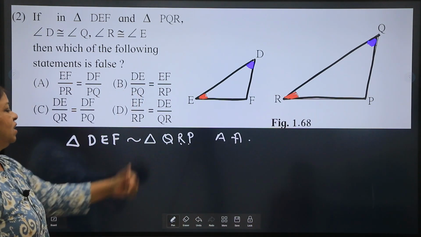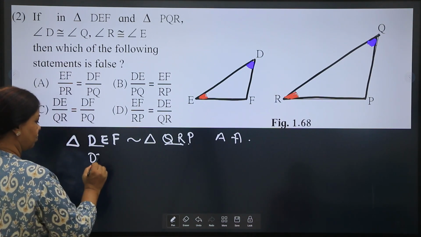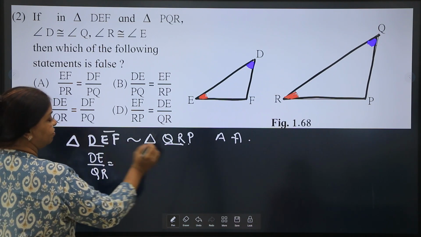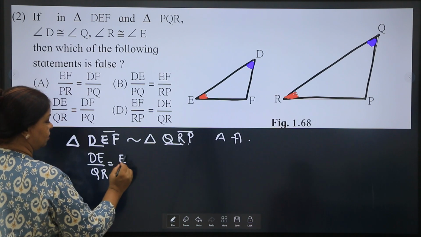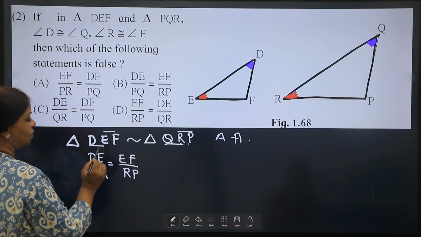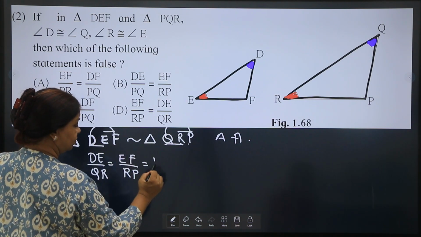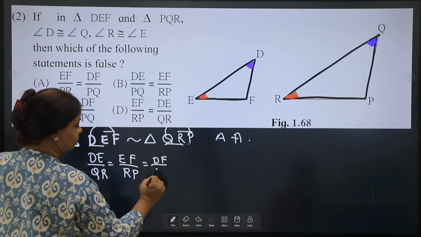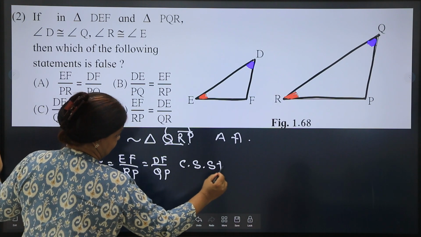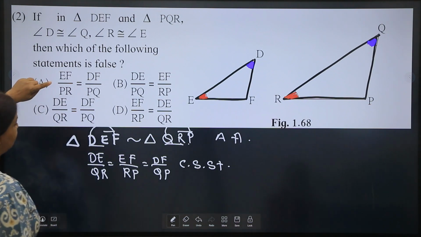So the corresponding sides are DE upon QR, EF upon RP, DF upon QP. These will be the corresponding sides of similar triangles. Which one is false? We have to find out.